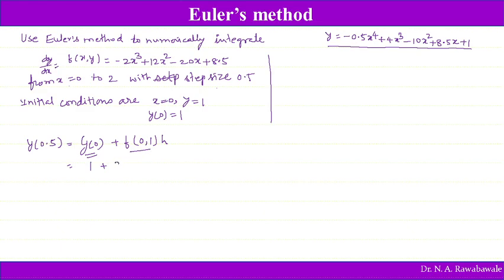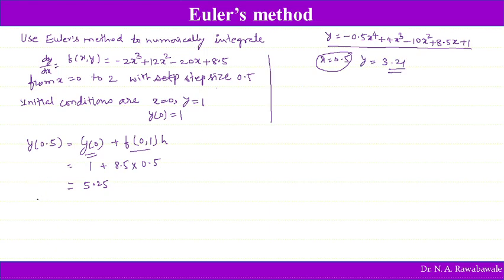So it will be 8.5 into h, which is 0.5. Therefore we get this as 5.25. The true solution at x is equal to 0.5, if we substitute x is equal to 0.5 in this original equation, then we get y is equal to 3.21. That is, 3.21 is the true solution.